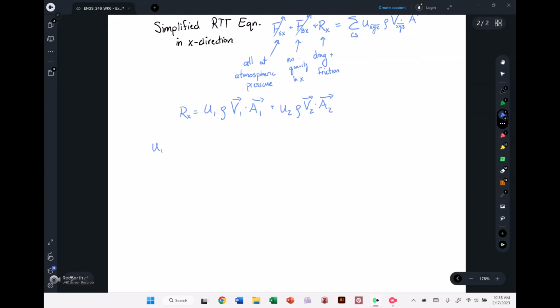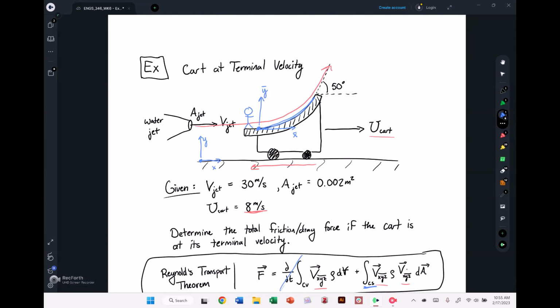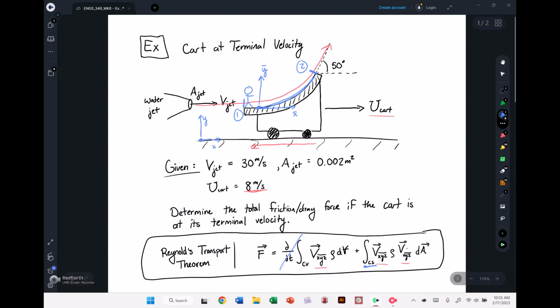So U1, that is the velocity coming in here at the start of the system. We'll call that surface 1 and call this part surface 2. So our control volume is the jet as it's in contact with the cart. The entire time it's seeing a velocity change.